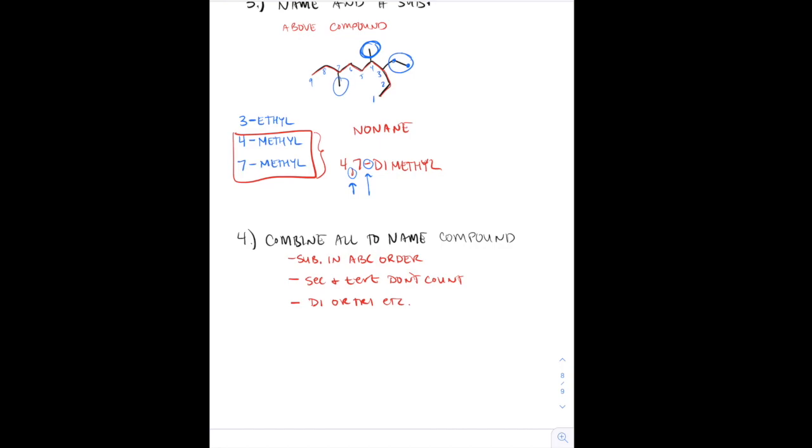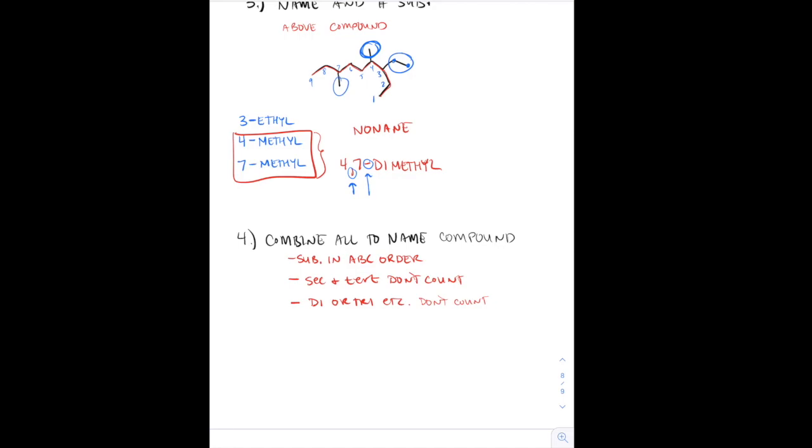But if we do have a di or a tri, for example, then we don't alphabetize it according to D or T. Okay, so those don't count either.